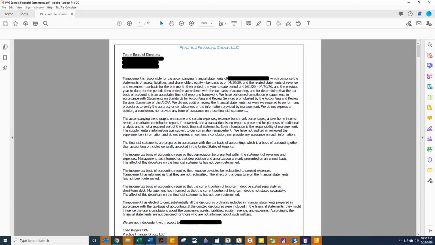When you first pull up your financial statements off of your portal, the first page that shows up is this compilation report. There's nothing really for you to look at each month on this report. It basically tells anyone that looks at these financials that all we did was take your transactions from your bank account and your credit card and compile them into readable financial statements.